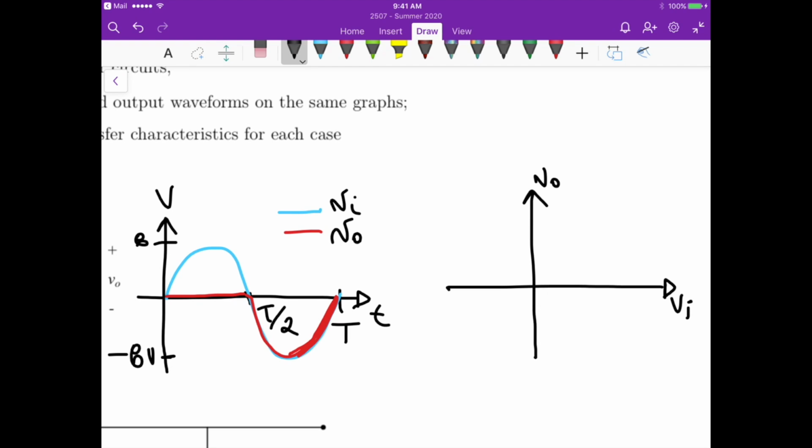For positive values of Vi, the output voltage is 0. And for negative values of the input voltage source, the output is the same value, right? Because if you look here, it's just the same value as the input.